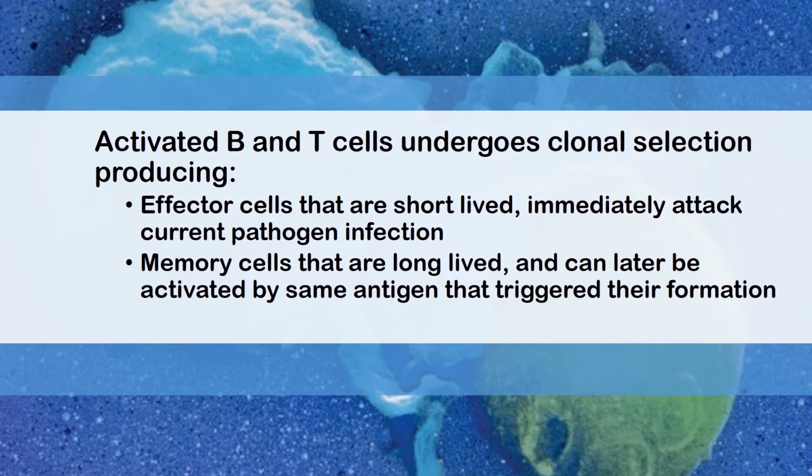Activated B cells and T cells undergo clonal selection, producing effector cells that are short-lived and immediately attack the current pathogen infection. However, you also have the production of memory cells that are long-lived and that can later be activated by the same pathogen or a similar antigen that triggers their formation.